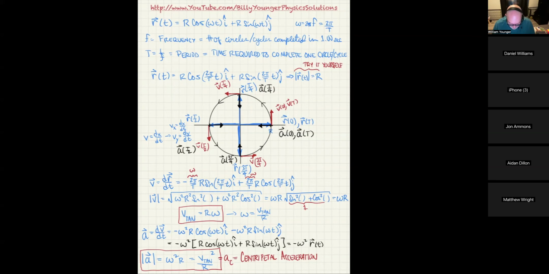Okay, so the vectors that point to where the particle are in the same plane as the vectors that are the velocity, and that is the acceleration. So, any questions on that? All right.